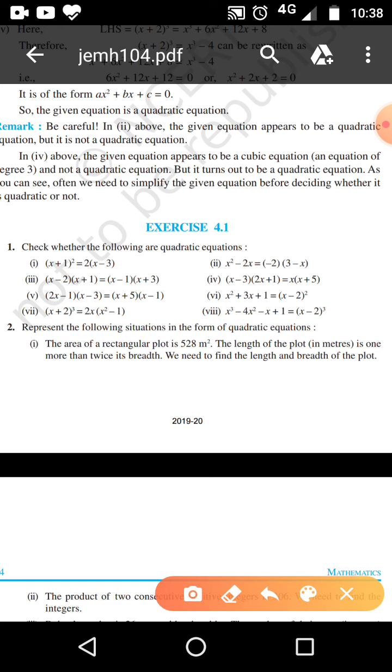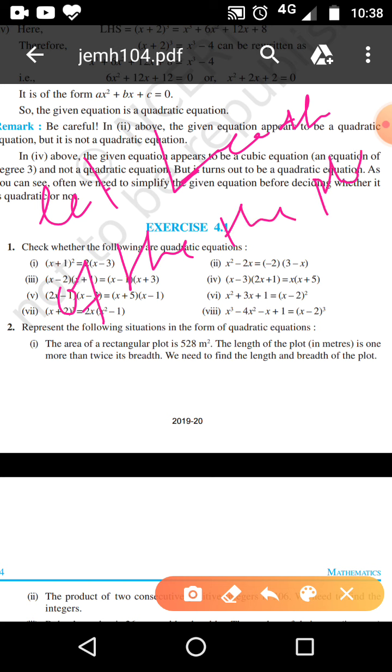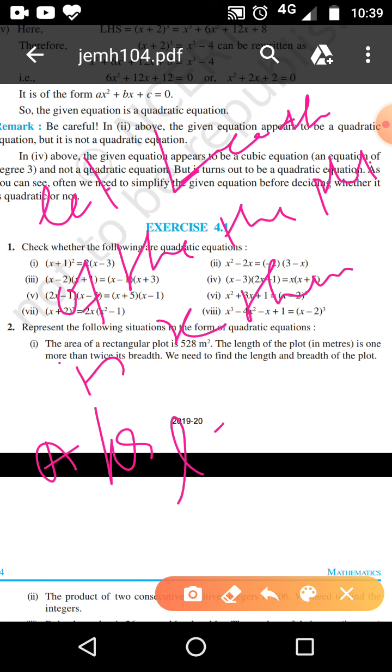First of all, let the breadth of the plot be x meters. Then according to the question, the length L is nothing but 2 times x plus 1, that is, one more than twice its breadth.